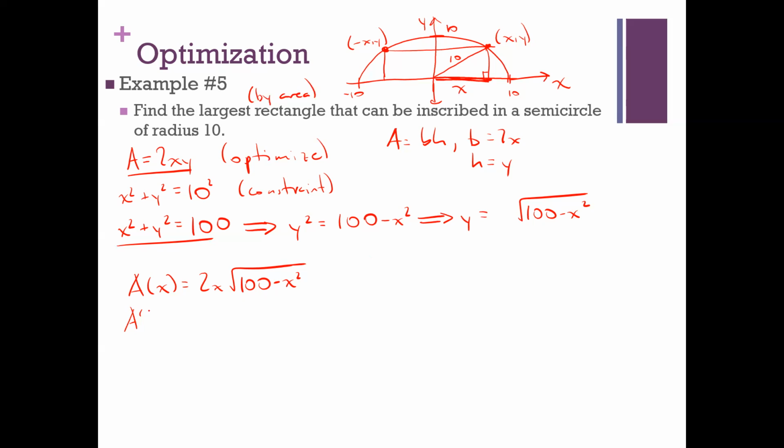Find the critical points, which means we have to find this derivative, and I need help with that one. What is this derivative? More importantly, what do we have to invoke to find it? Product rule and chain rule. Knowing we need those, how's this going to go?